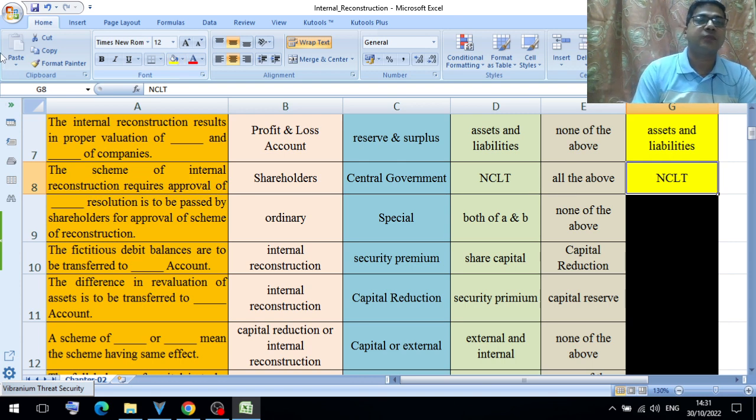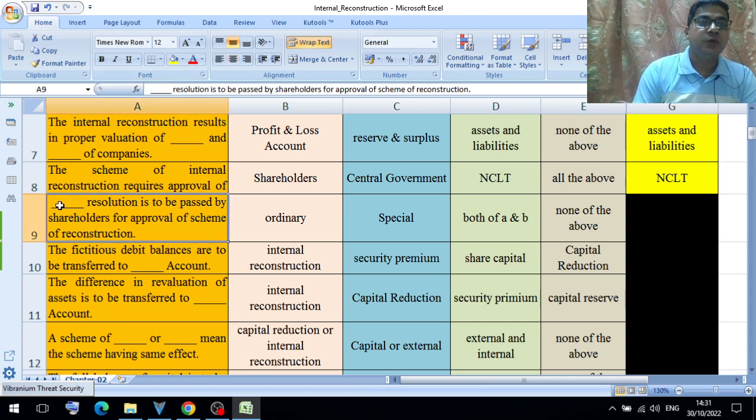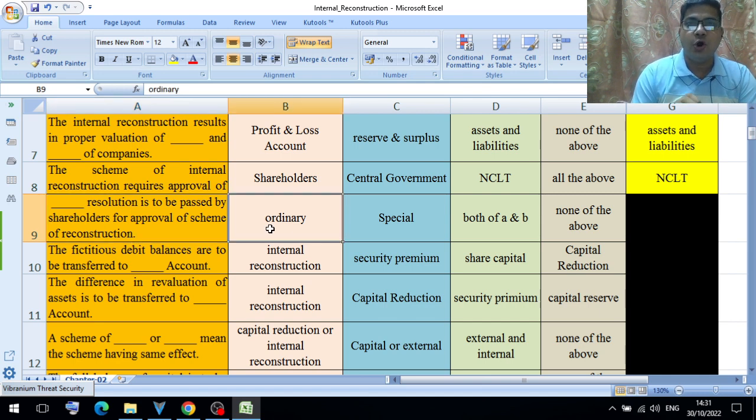Next question. The resolution to be passed by shareholders for approval of the scheme of reconstruction is dash. Option A, ordinary resolution. Option B, special resolution.